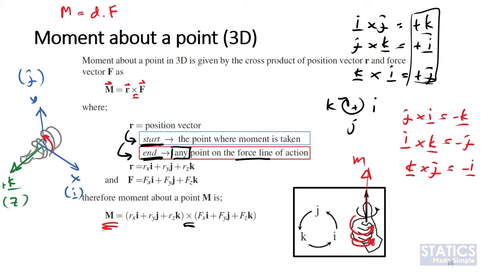How do I know positive k is along this direction? Follow the thumb. And how it rotates will follow the curl of your remaining fingers. So this is the direction of rotation for i cross j. Make sense? That's why we use this representation to determine the direction of moment.